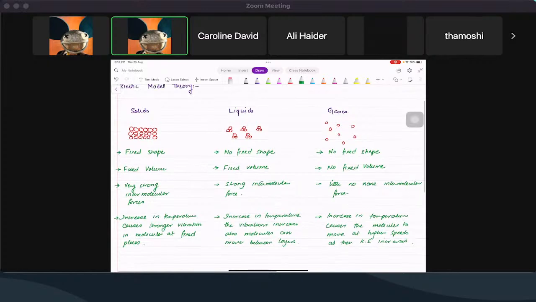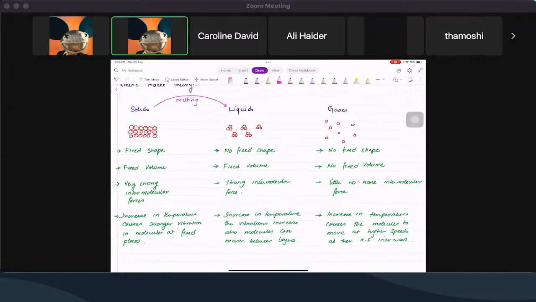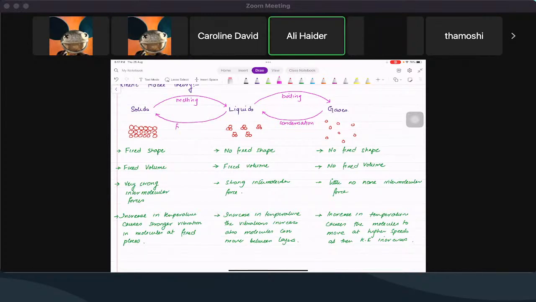When you go from liquid to gas, this process is called boiling. When you go from gas to liquid, this is called condensation. And when you go from liquid to solid, that is called freezing. We can also go from liquid to gas in another process that is called evaporation, and I have not included it yet because we'll do it.